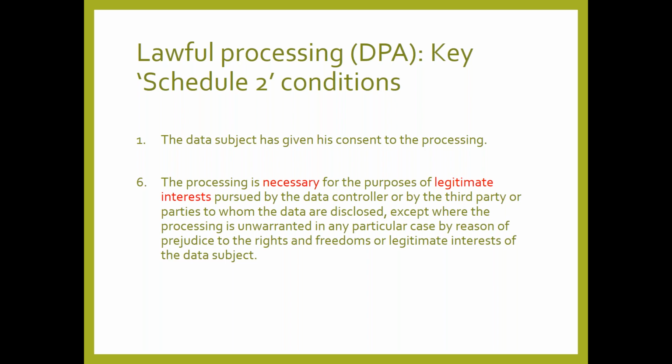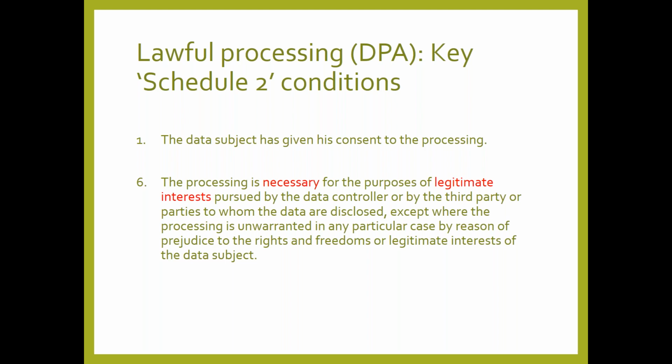But whenever we want to do something like marketing, we're almost certainly looking at either condition 1, which is consent, or condition 6, which is called the legitimate interests condition. So is it necessary for your legitimate interests without overriding the rights, freedoms and legitimate interests of the data subject? And if it is, then you have a legal basis for your processing, and you can do it without consent.